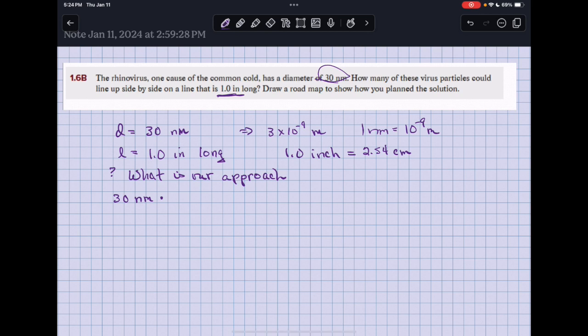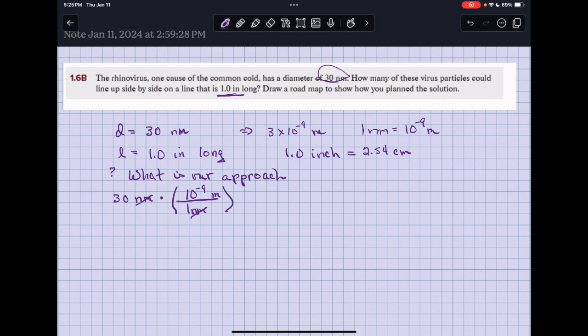And so I'm going to write our conversion factor with 1 nanometer in the denominator and 10 to the minus 9 meters in the numerator. Now, why did I do it that way? Well, I did it with nanometers in the denominator because the nanometers will now cancel out. All right?